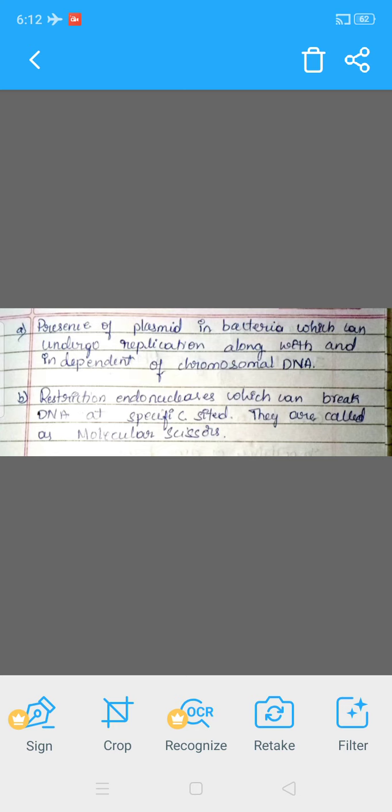And second one, restriction endonucleases which can break DNA at specific site. They are called molecular scissors. And basic tools of genetic engineering.